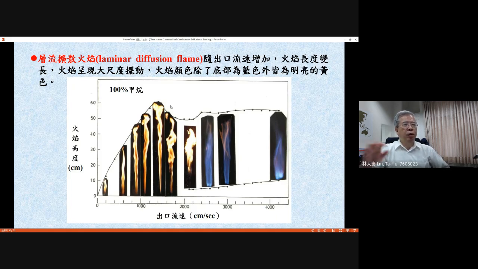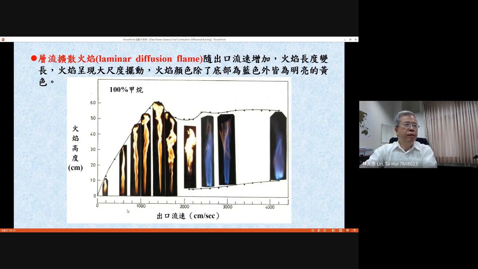In the theoretical analysis, we ignore the influence of gravity, but in real experiments there is a buoyancy effect acting on the high temperature fuel. This buoyancy pushes the flame a little higher than the predicted value. But you can see the flame height increases monotonically with the injection velocity. This is the first observation.